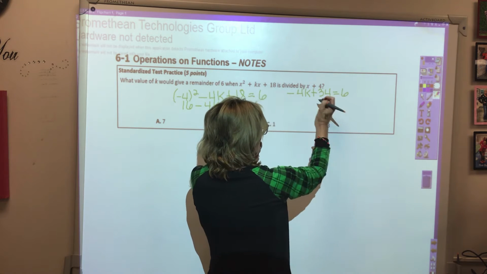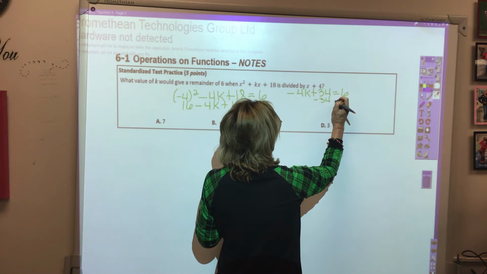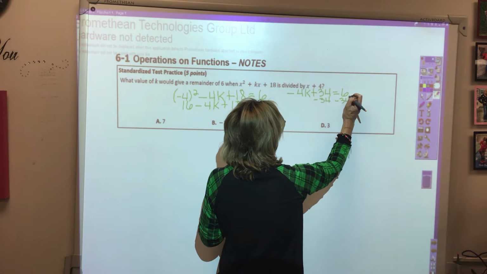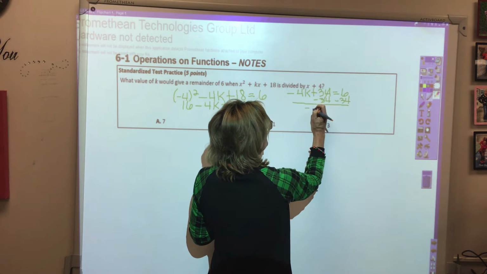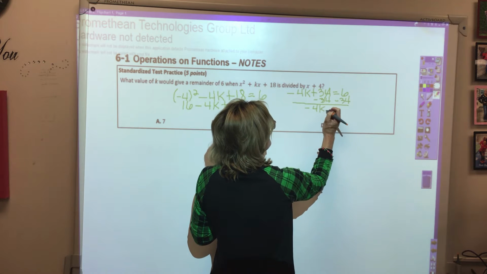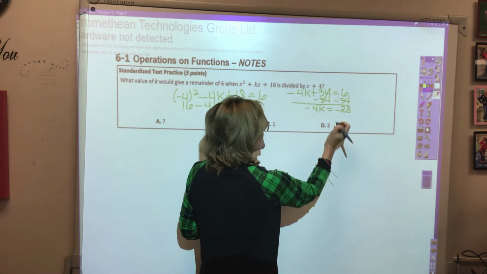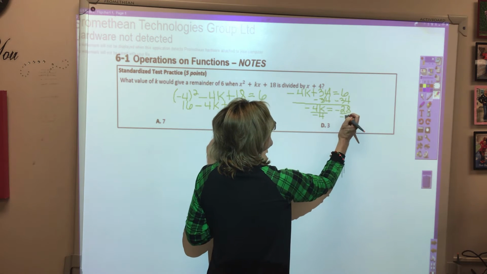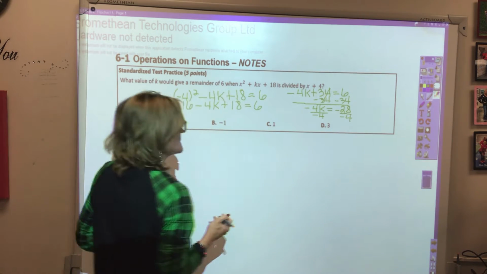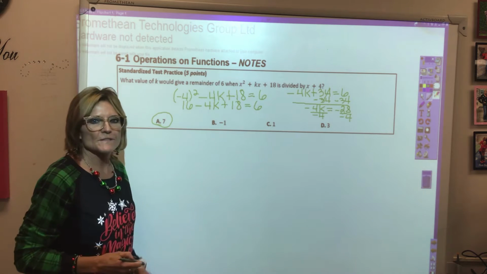We'll subtract 34 from both sides, and that's going to give us -4k equals -28. Divide by -4 on both sides, and that will tell us that our answer is A. k is equal to 7.